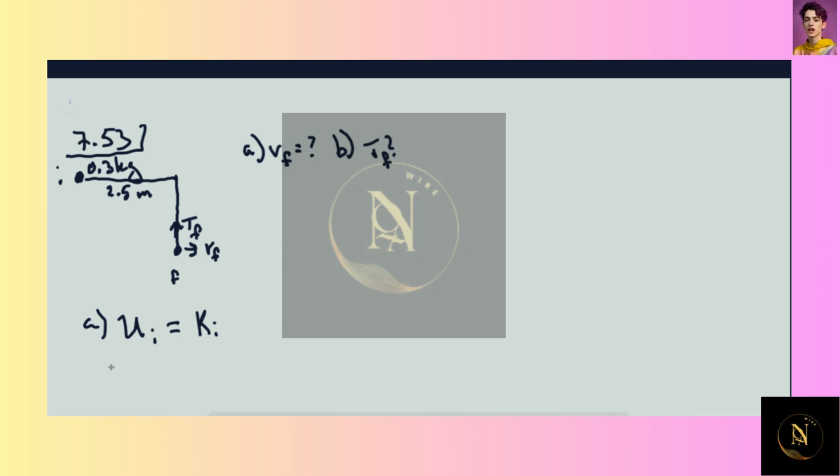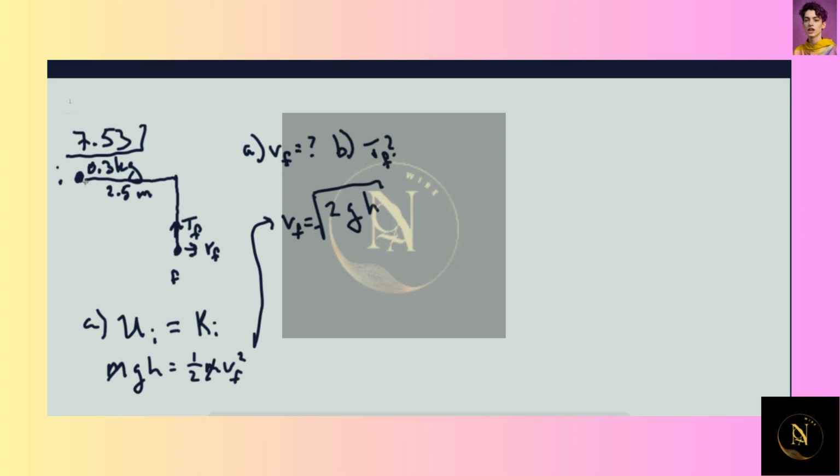So our masses cancel out. And our final speed is going to be the square root of 2 times the acceleration of gravity times the change in height that it is dropped through.